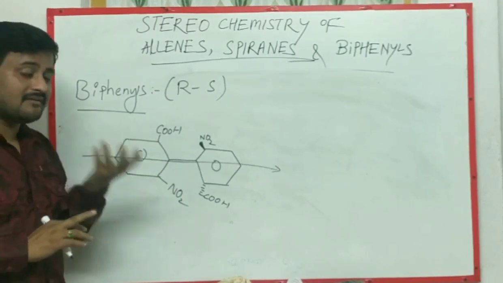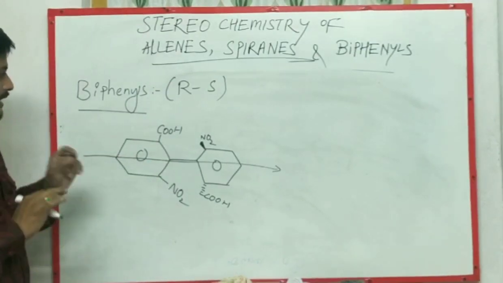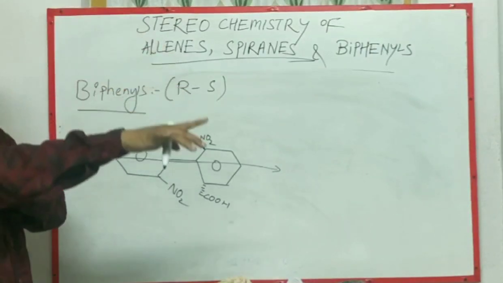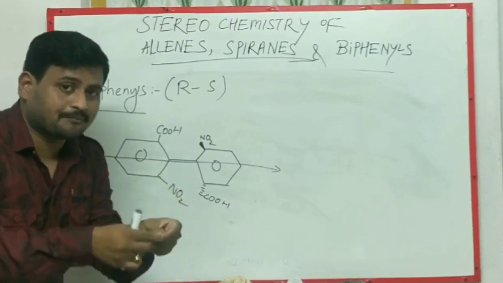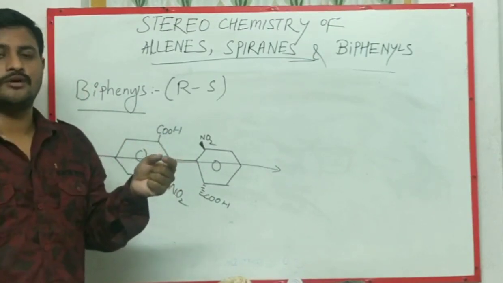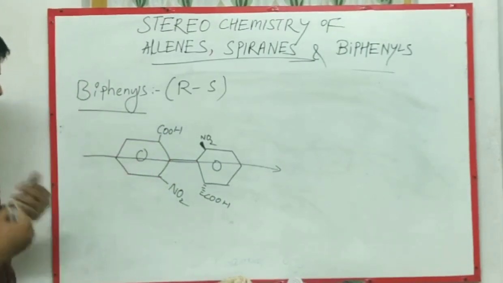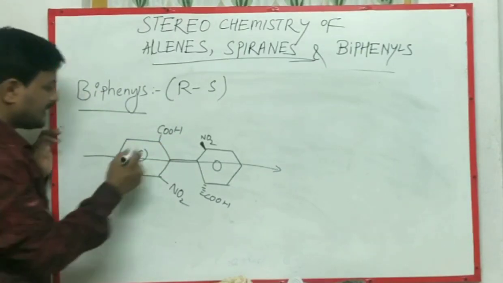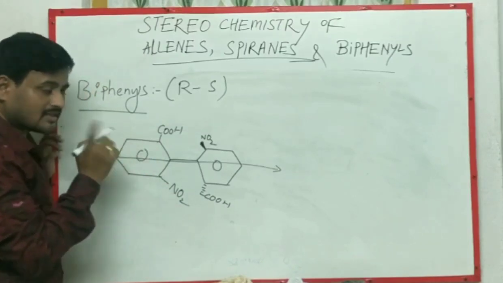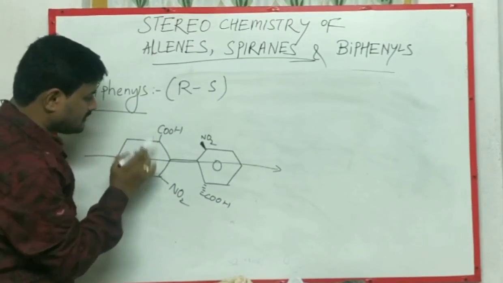Here the same priority rule as in allenes: priority starts with the within-the-plane atoms. Here the within-the-plane atoms are COOH and NO2, and the first atoms are carbon and nitrogen.